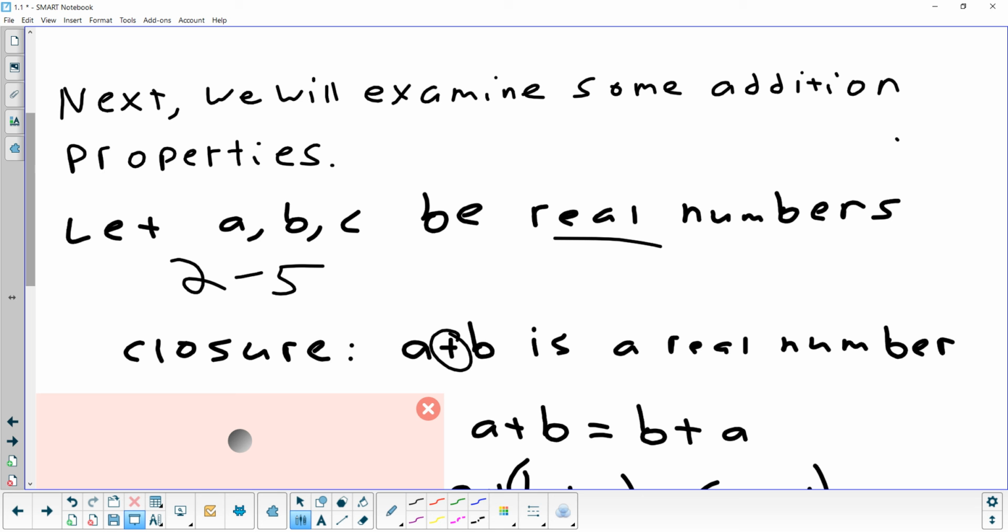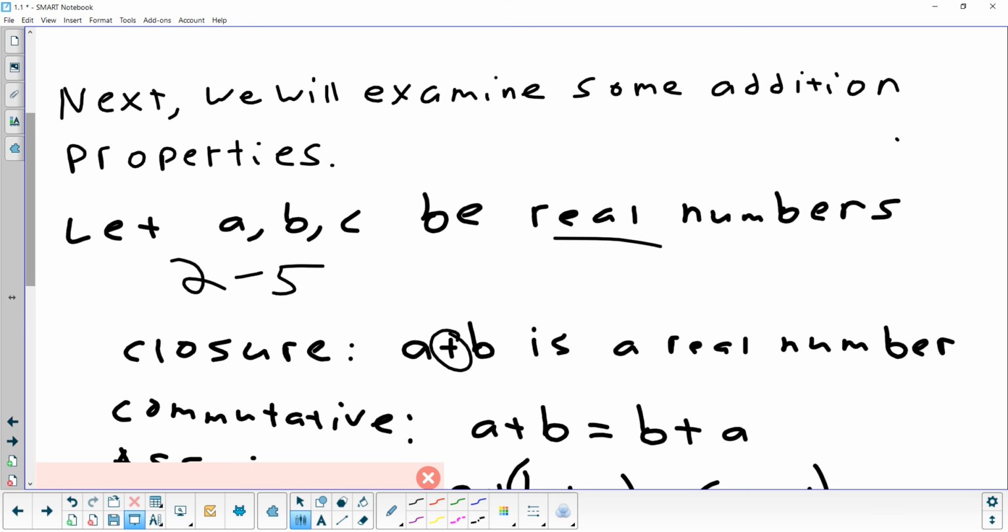I'll give you a hint. People that go to work, what do they call their drive in the morning? Yeah? Commutative. Commute means to go from one place to the other. Things move back and forth. That's the commutative property of addition.